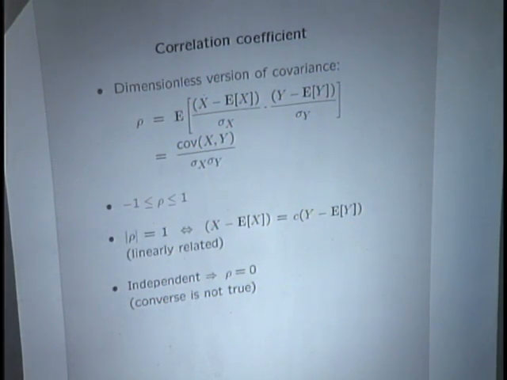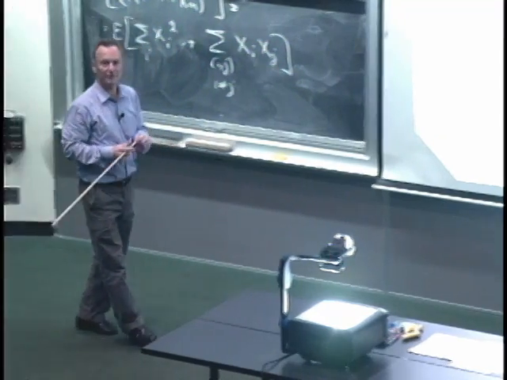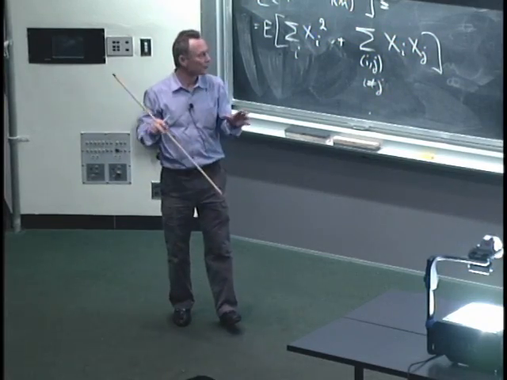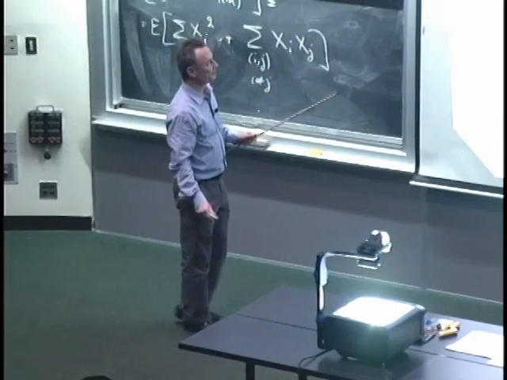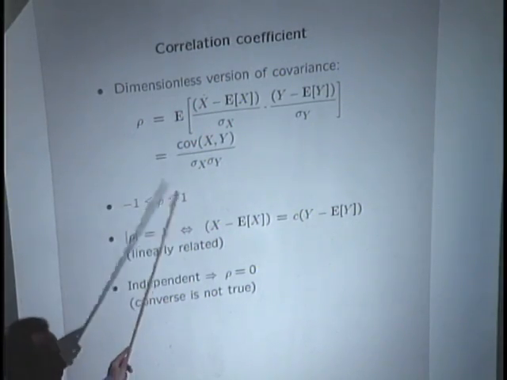This quantity, we call it the correlation coefficient. And it's a very useful measure of the strength of association between two random variables. It's very informative because it falls always between -1 and +1.